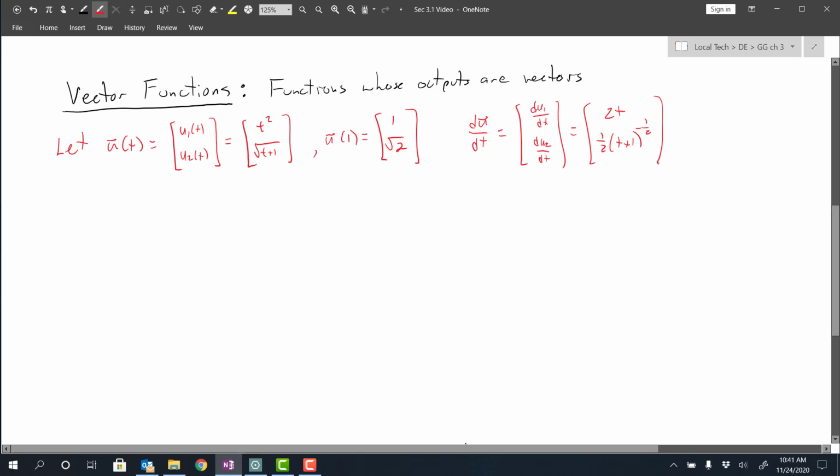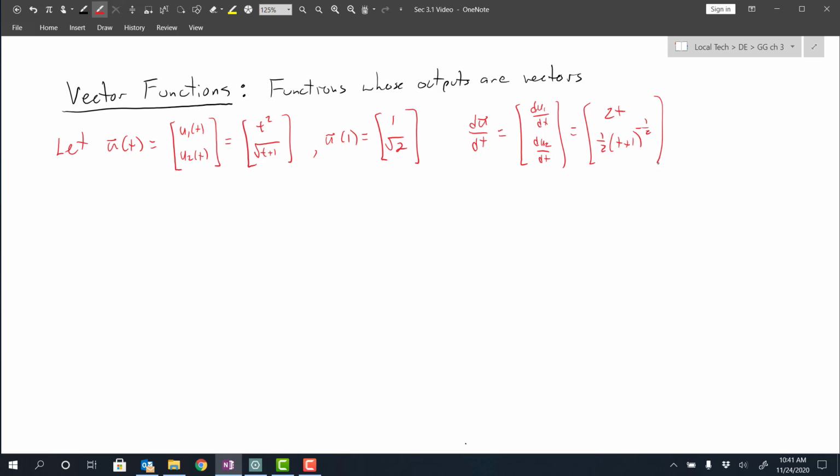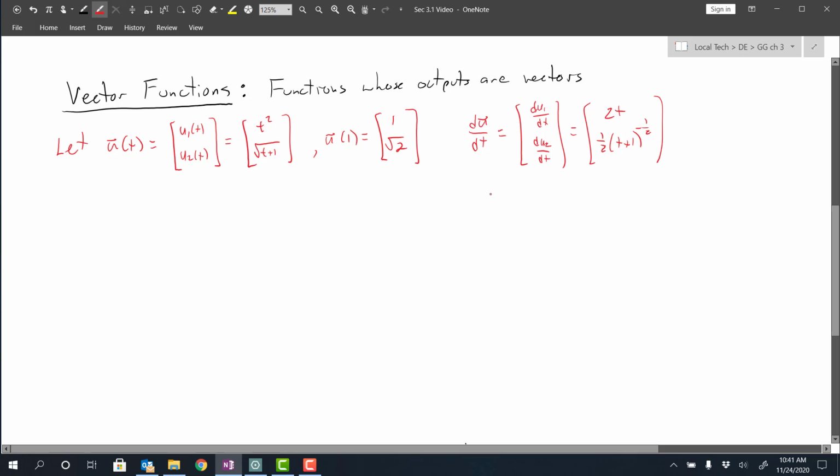So to take the derivative of a vector-valued function, we take the derivative of each of its components. Because this vector-valued function is only a function of one independent variable t, we can clean up the notation and just write this as the vector u prime, and its components would be u1 prime and u2 prime.